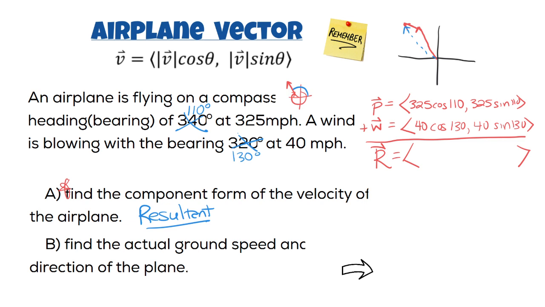Here we go. 325 cosine 110, close the parenthesis, plus 40 cosine 130, close that parenthesis, press equals. And what I have is a horizontal component of negative 136.87. We'll go 2 decimal places.